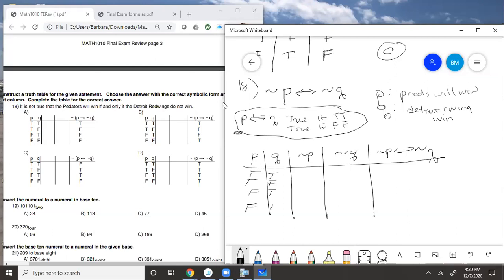There are always 4 cases when you have 2 variables. Not P would be everything opposite, which I know you know how to do: false, false, true, true, right? Okay, what is not Q? False, true, false, true. Great. Right. So we just got the opposite of this one.